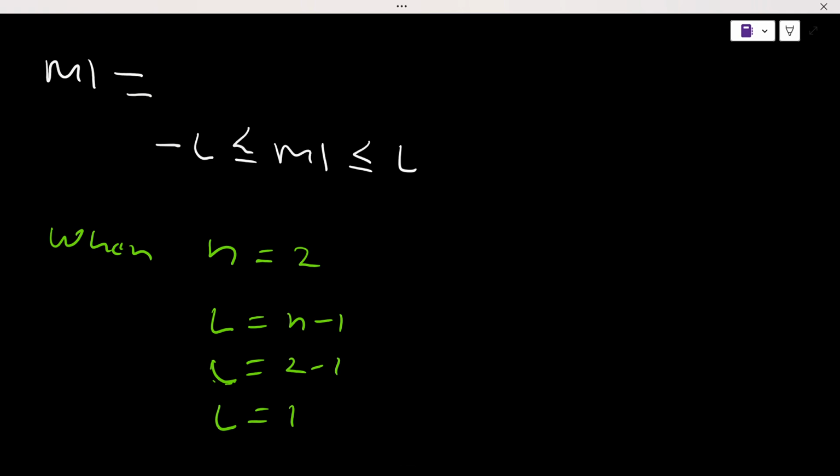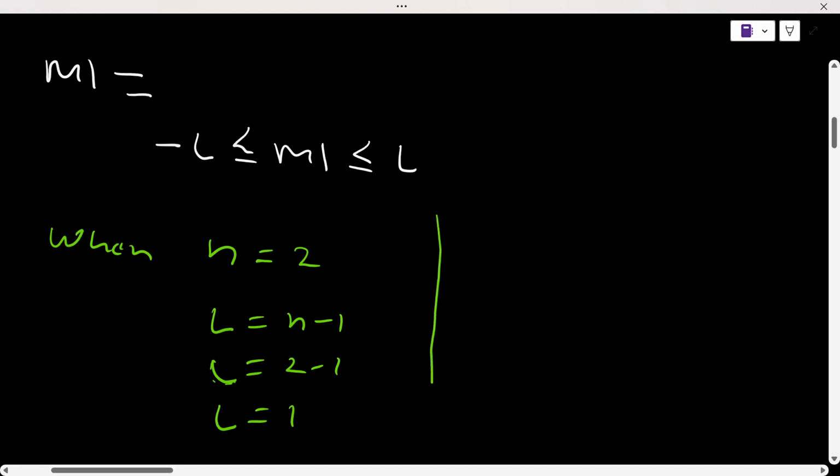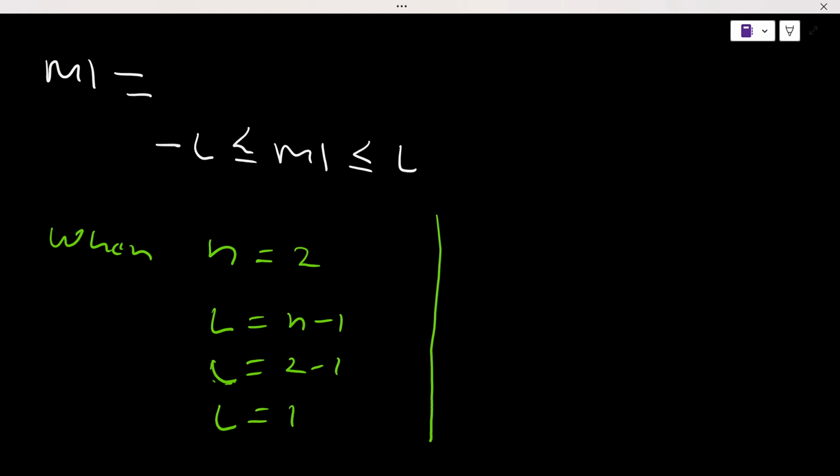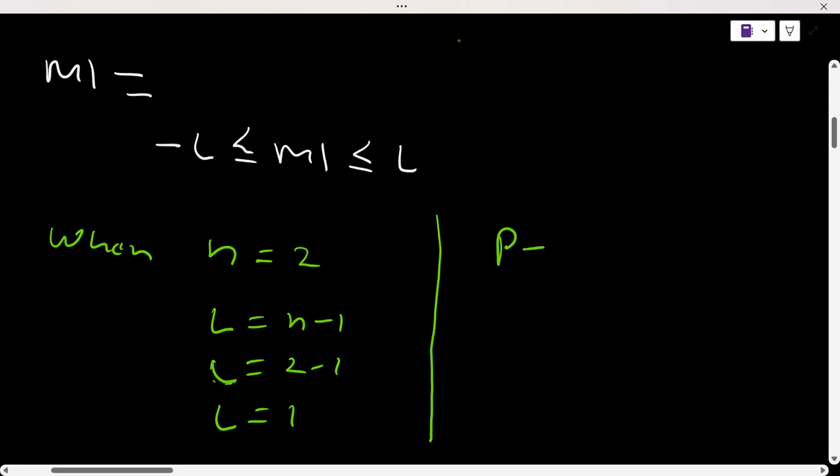If that's the case, I can honestly say that here I'm dealing with P orbital.